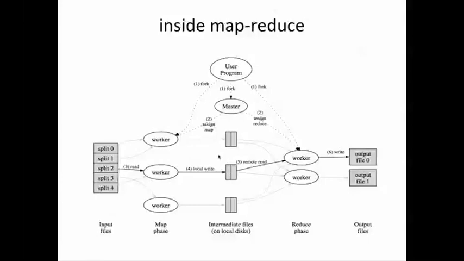It's very important to note that whereas the input files are in a distributed file system, the local writes after each mapper is done with its work are on their local disks. As a result, there is no inter-processor communication involved until these are actually read by the different reducers.